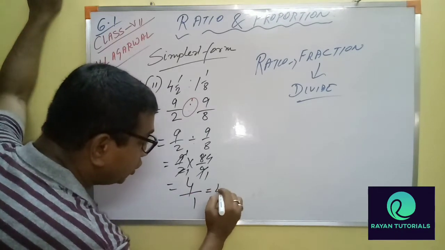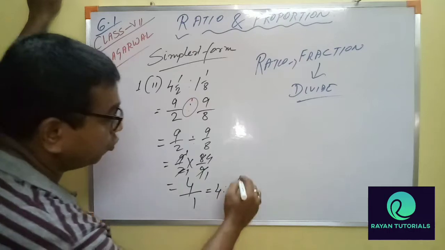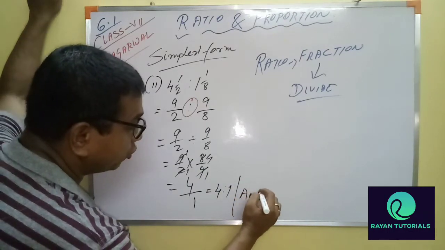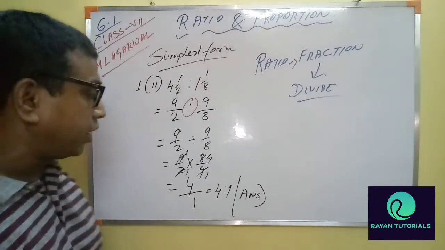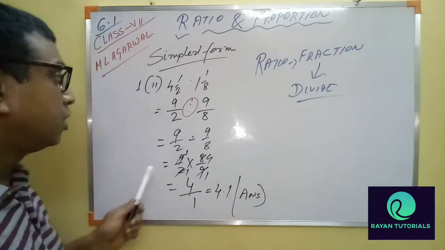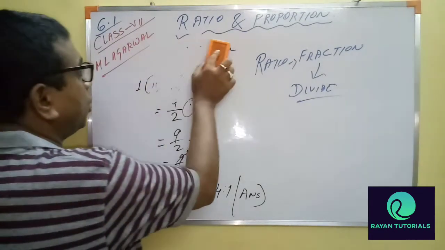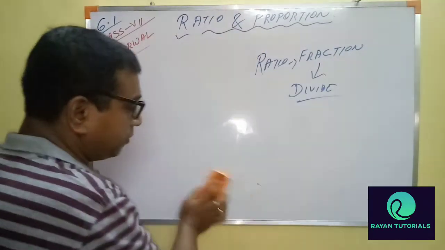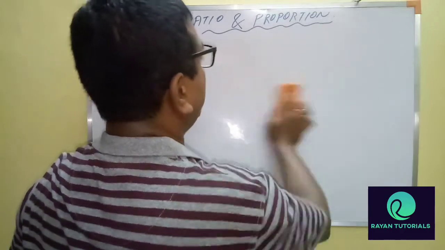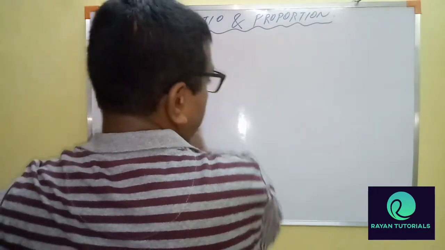That means my ratio is 4:1. This should be my answer. Is that clear? Sure? Okay, there are 3 sums in number 1. I think you can do the rest.